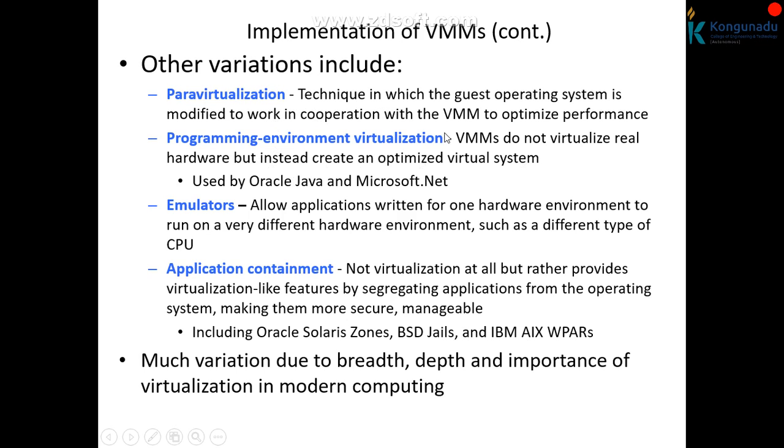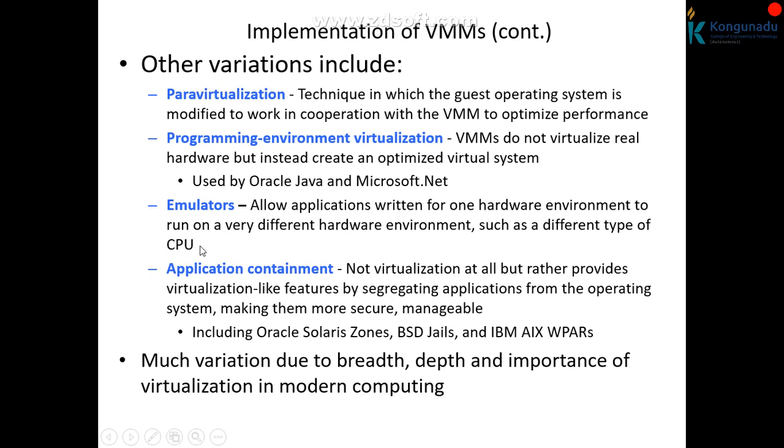Next, programming environment virtualization. VMMs do not virtualize the real hardware but instead create an optimized virtual system. It is used by Oracle Java and Microsoft .NET. Next, emulators allow applications written for one hardware environment to run on a very different hardware environment, such as a different type of CPU.